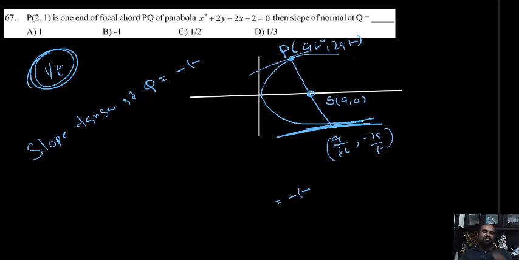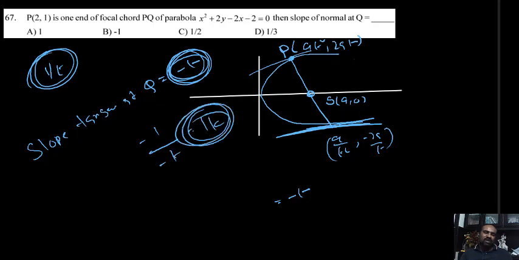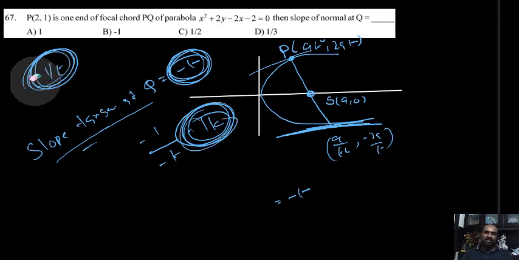Observe, students: the slope of the tangent at P is 1/t, and the slope of the tangent at Q is -t. So what is the slope of the normal at Q? Minus 1 over this -t, that is 1/t. It means the slope of the normal at Q is the same as the slope of the tangent at P, which I established.